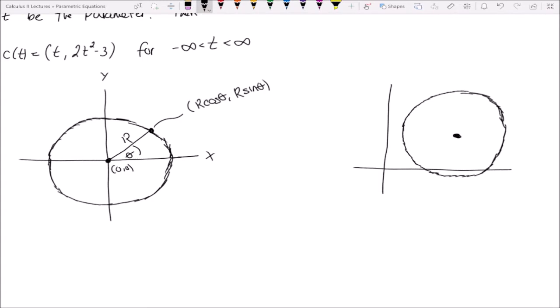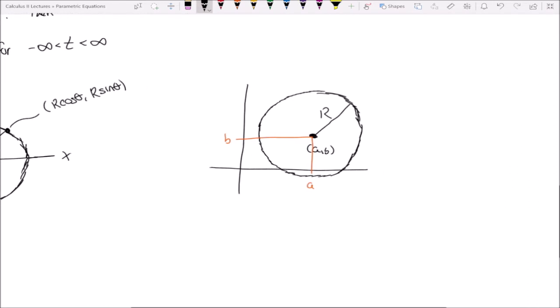All right, what happens if we take a circle of radius r, but centered at the point (a, b)? Well, now take any point.